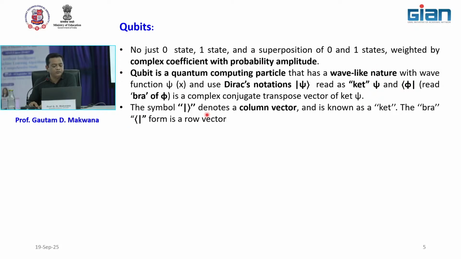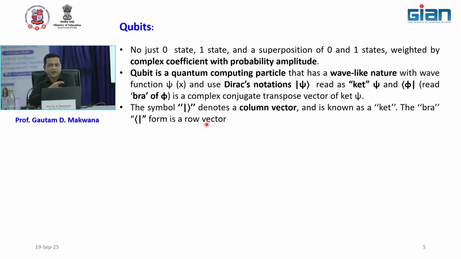Now this symbol is denoted the column vector. This symbol is known as your column vector. That is the case psi, and that is the ket, and bra is from the row vectors. So here the qubit is represented either as a column vector or as a row vector.